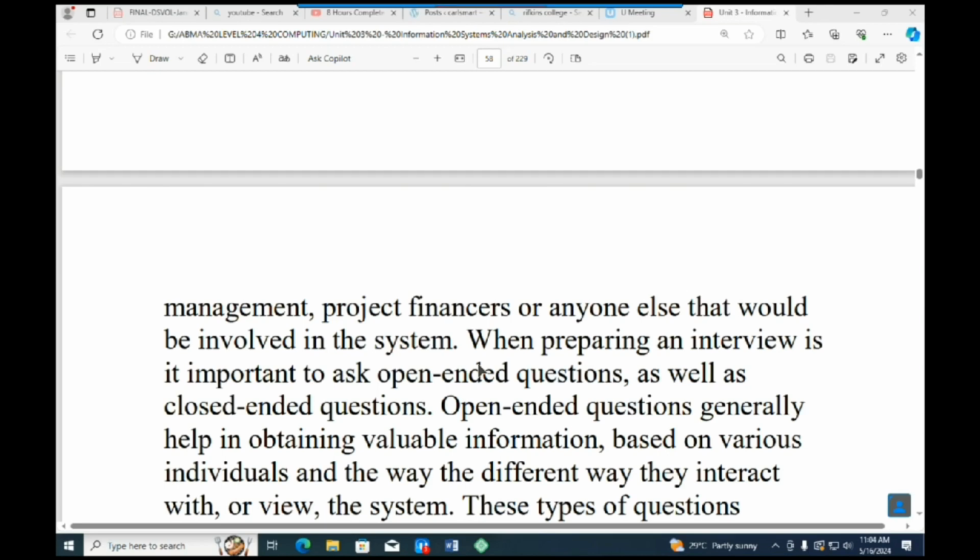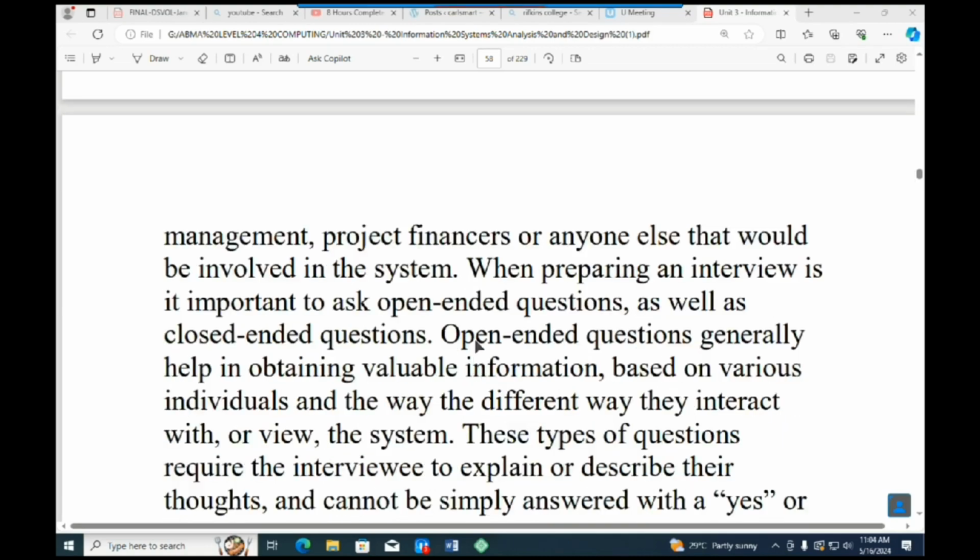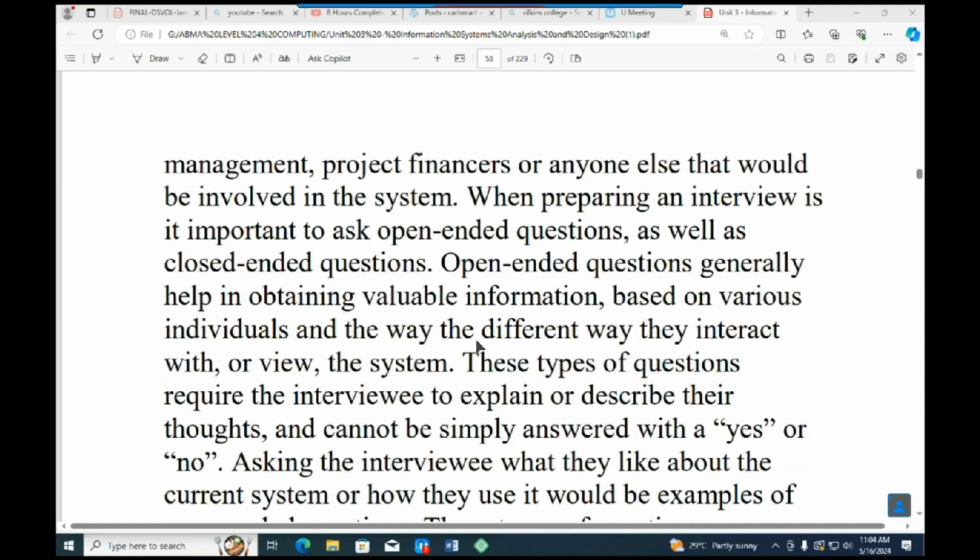With open-ended questions, the interviewee is going to give a detailed explanation based on their views, how they interact with the system, and the system itself.